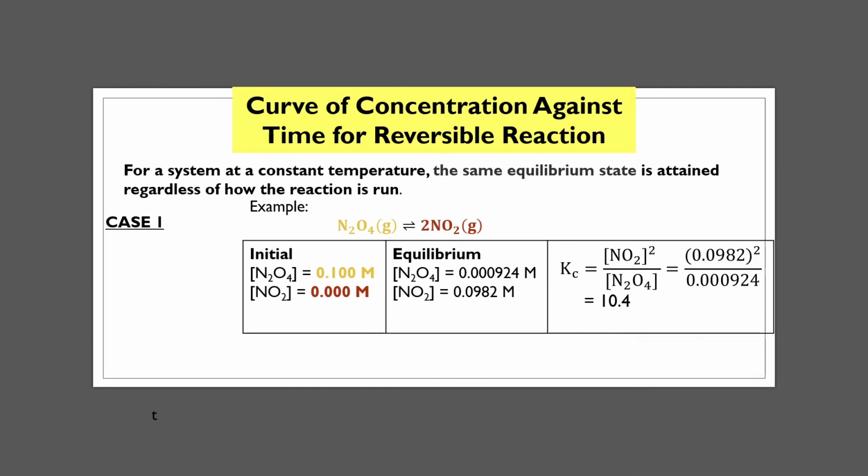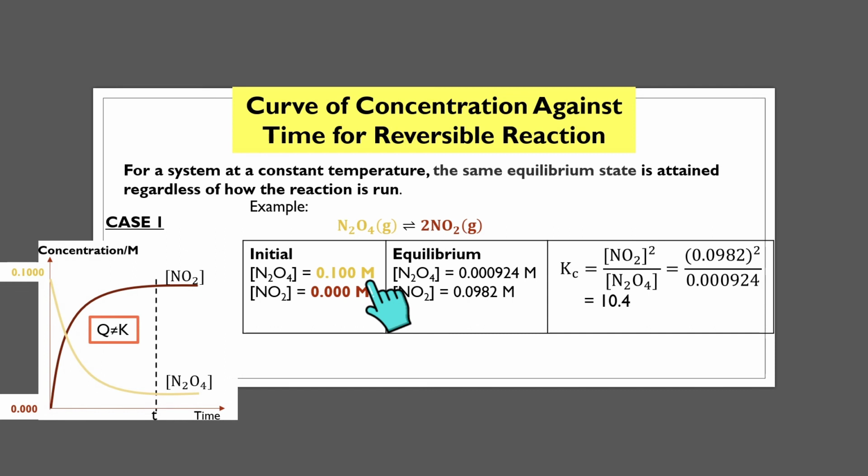For example, in this reversible reaction, the system can start with only reactant present at a concentration of 0.1 molar, with no product. As the reaction proceeds, the concentration of reactant N2O4 decreases as it decomposes to become the product NO2, while the concentration of product continues to increase until an equilibrium is reached, when the concentrations of reactant N2O4 and product NO2 become constant.